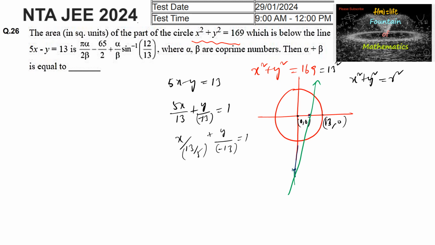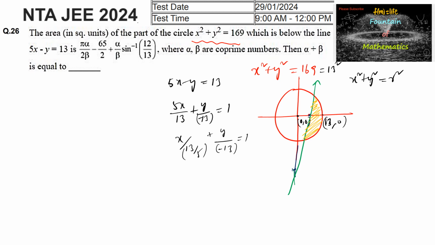So we can consider the shaded region. So here is the area we can consider. So we need to find the point of intersection of these two, a circle and a straight line.